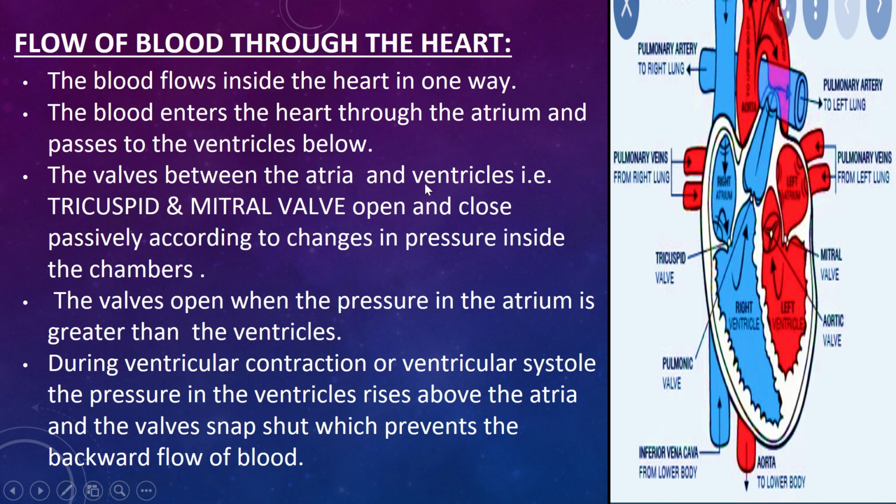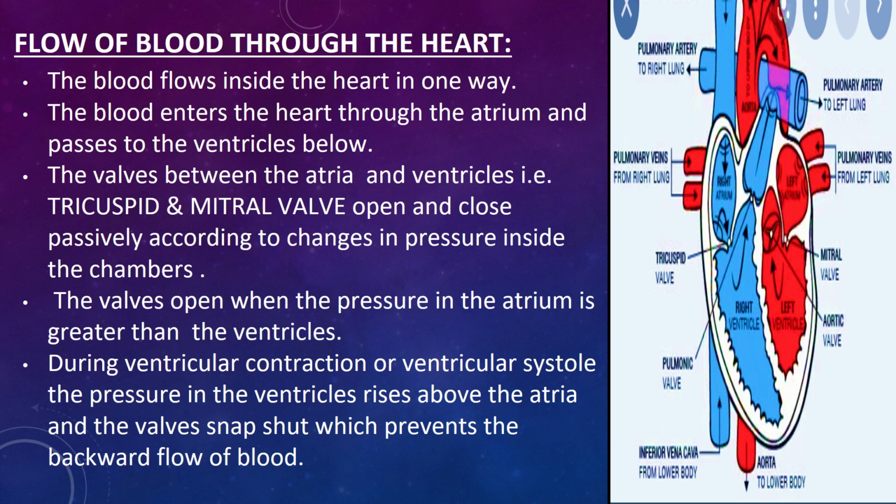The valves between the atria and ventricles, the tricuspid and mitral valves, open and close passively according to the change in pressure inside the chambers. Consider a balloon filled with water: if you press on one side, the water passes to the other side.